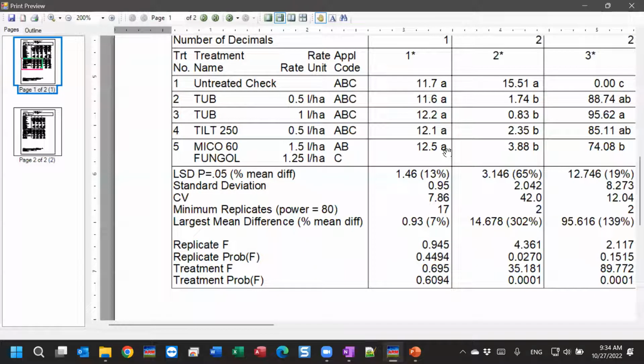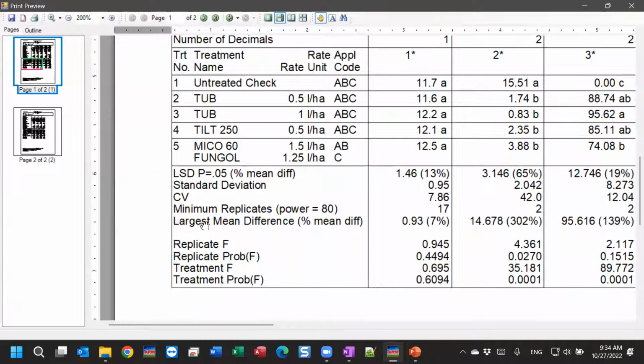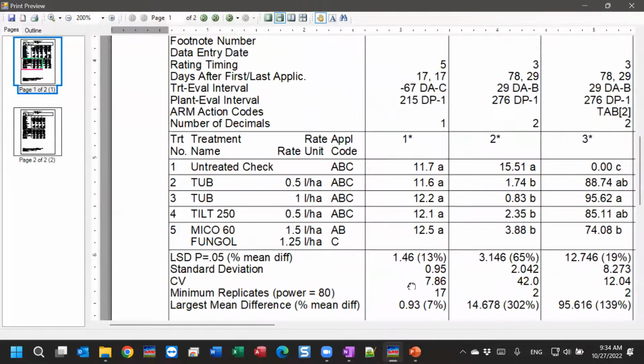When we turn on the post-hoc, there's a couple of pieces of information that come with it. I'll start here at the bottom. We have a largest mean difference and a percent mean diff. This is looking at our treatment means and finding which pair has the largest difference. I think earlier we had eyeballed that treatment 2 is the smallest and treatment 5 is the largest. So that is our biggest difference, and there's a 0.93 difference in there.